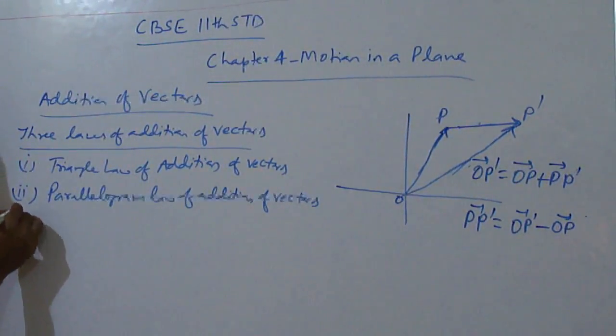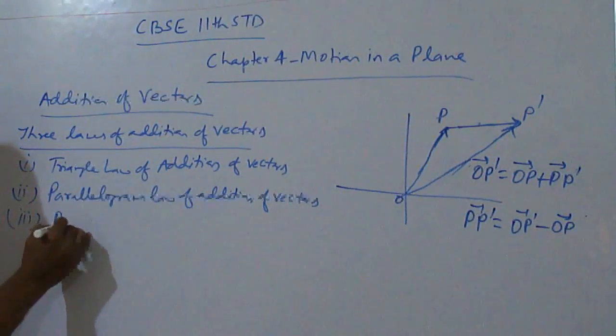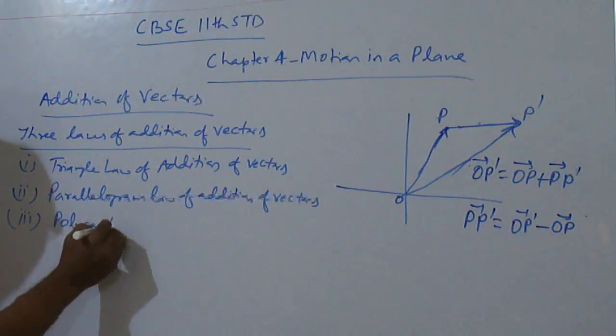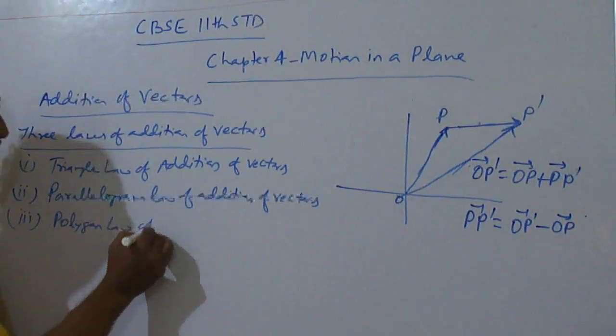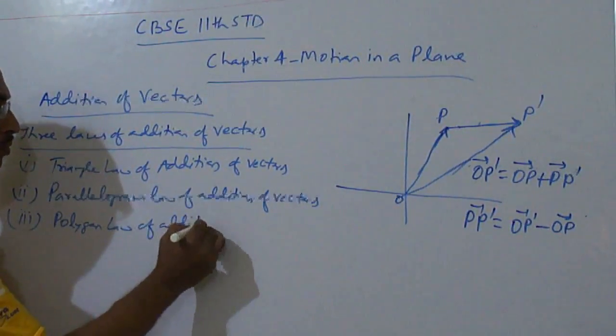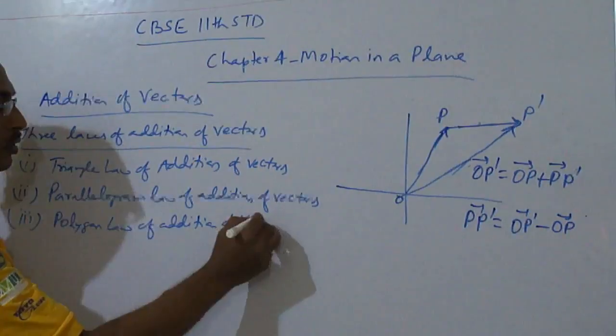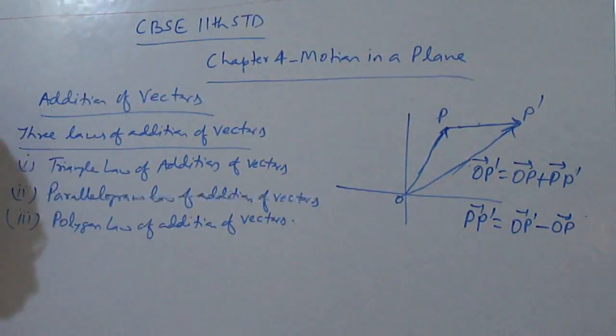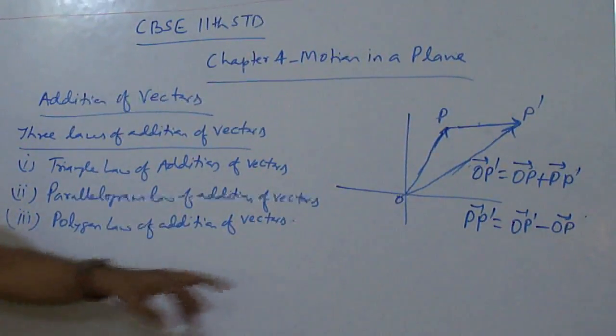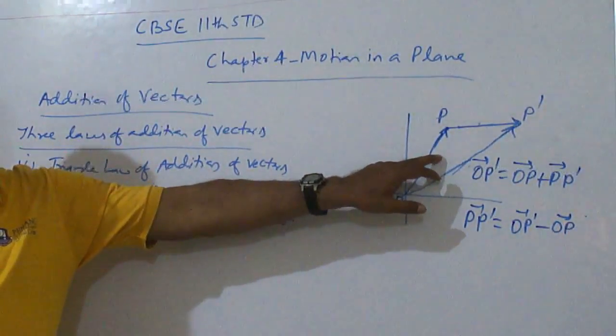And third one is polygon law of addition of vectors. So what we discussed earlier, this type of addition, is actually called triangle law of addition.